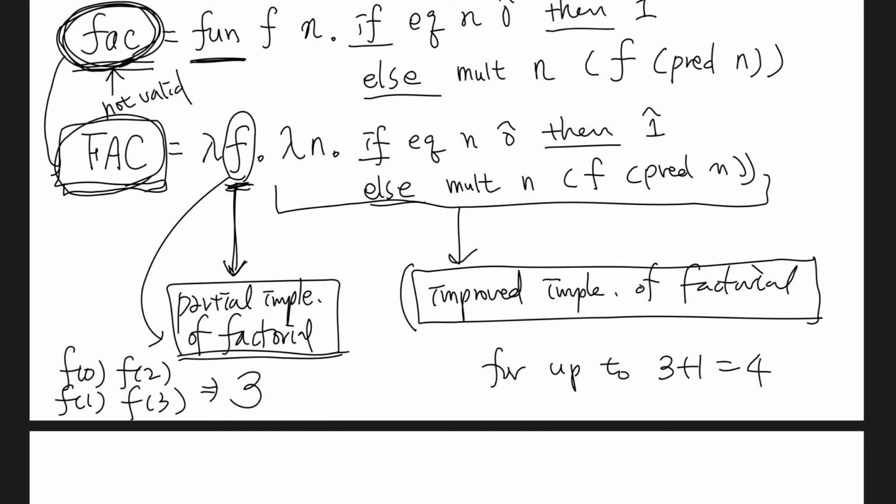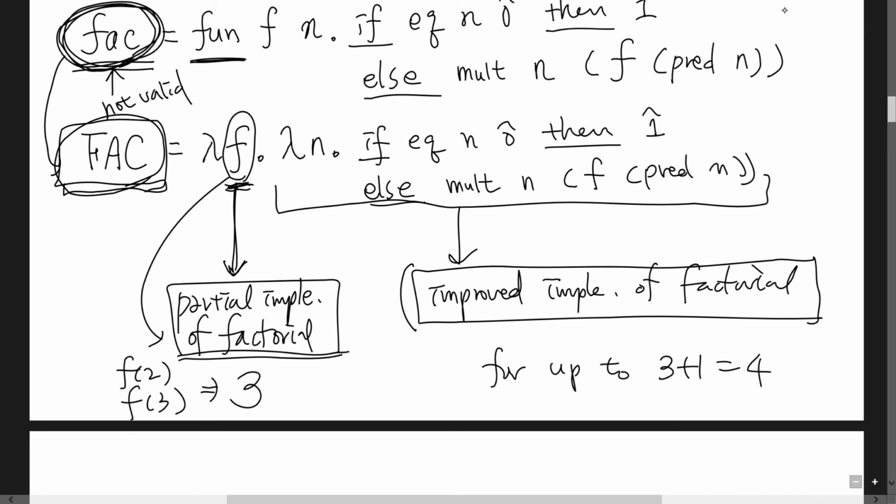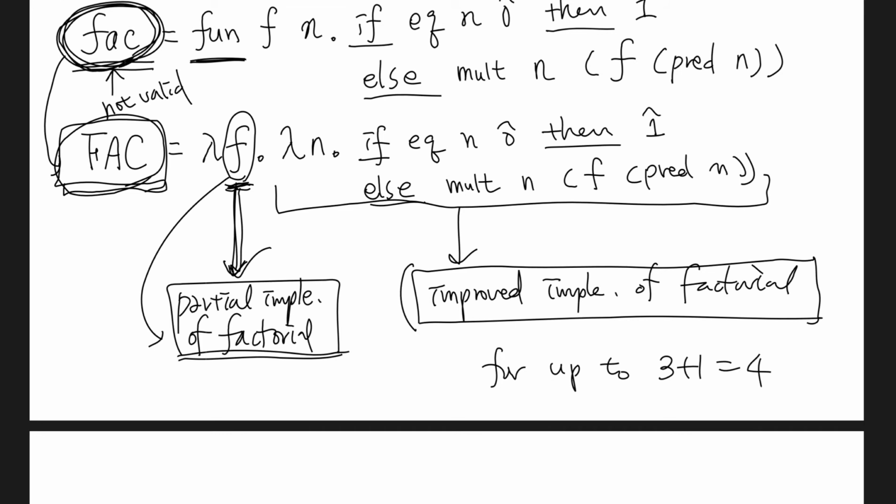And as a special case, suppose that this argument function f does not calculate factorials correctly for any natural number, but that's fine.